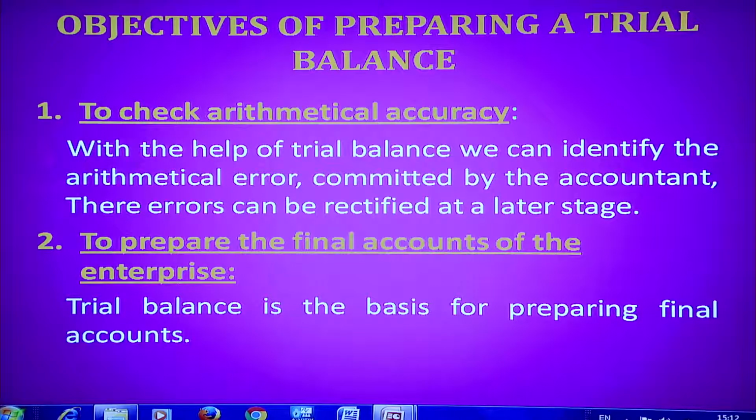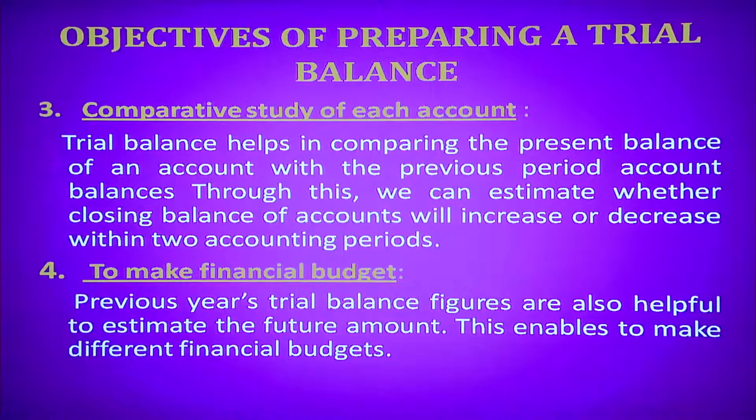The final accounts of the enterprise cannot be prepared until and unless we have prepared the trial balance. The third is the comparative study of each account. Trial balance helps in comparing the present balance of an account with the previous period account balances. Through this, we can estimate whether the closing balance of accounts will increase or decrease within the two accounting periods.